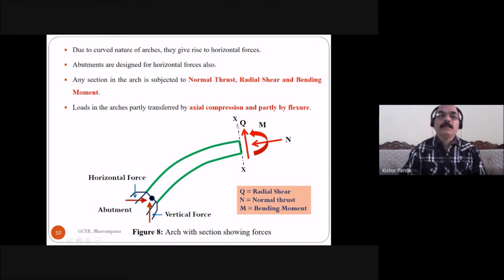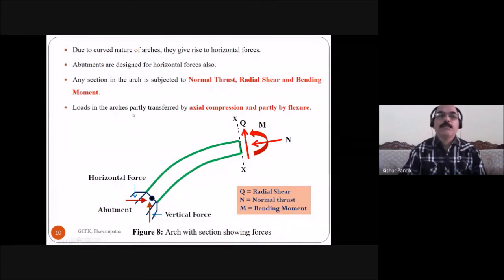So at any section in the arch, it is subjected to normal thrust, radial shear, and bending moment. Q is the radial shear, N is the normal thrust, and M is the bending moment.